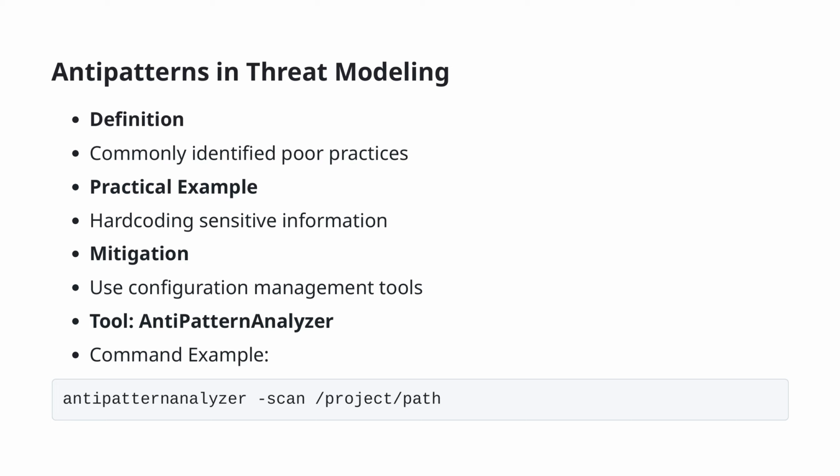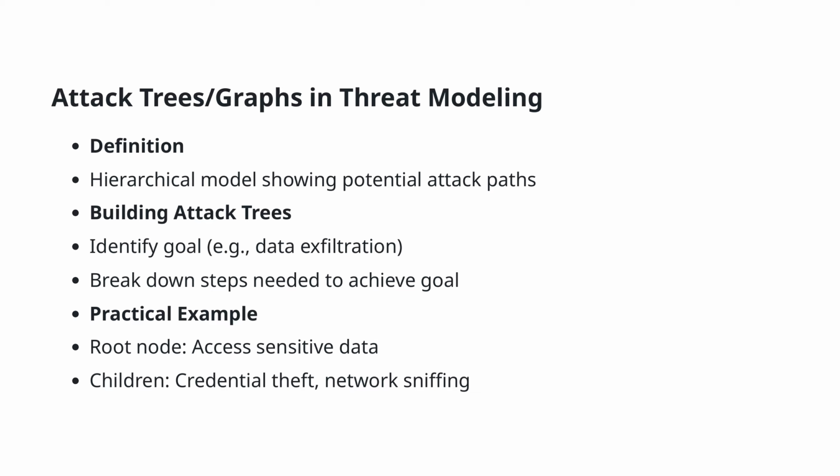Attack trees or attack graphs are powerful tools in threat modeling. They provide a hierarchical model that outlines potential attack paths, helping security teams to visualize and understand how an attacker might achieve their goals. To build an attack tree, start by identifying the primary objective or goal, such as data exfiltration or access to sensitive data. This will form the root node of your tree.